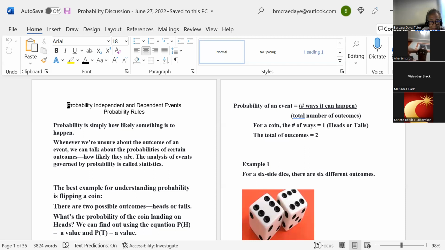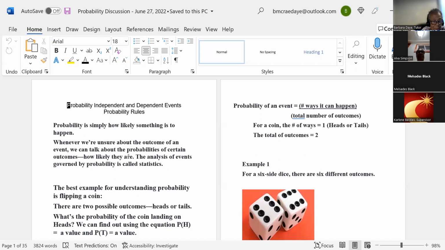I'd say 50%. Yes, because it's 1/2. You have heads or tails, and the total number of outcomes is 2. You can say 1/2, you can say 50%, you can say ratio 1 to 2.